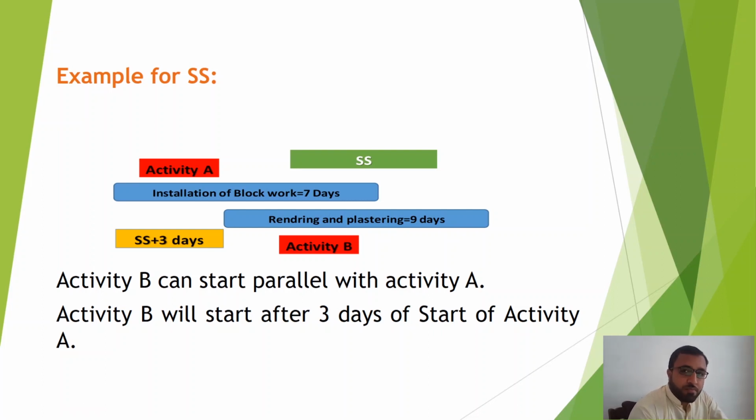Lag means the number of days we want to delay that work. So we give the 3 days lag and connect it with start to start. The successor activity will start 3 days after activity A has started. This type of relationship is called start to start.